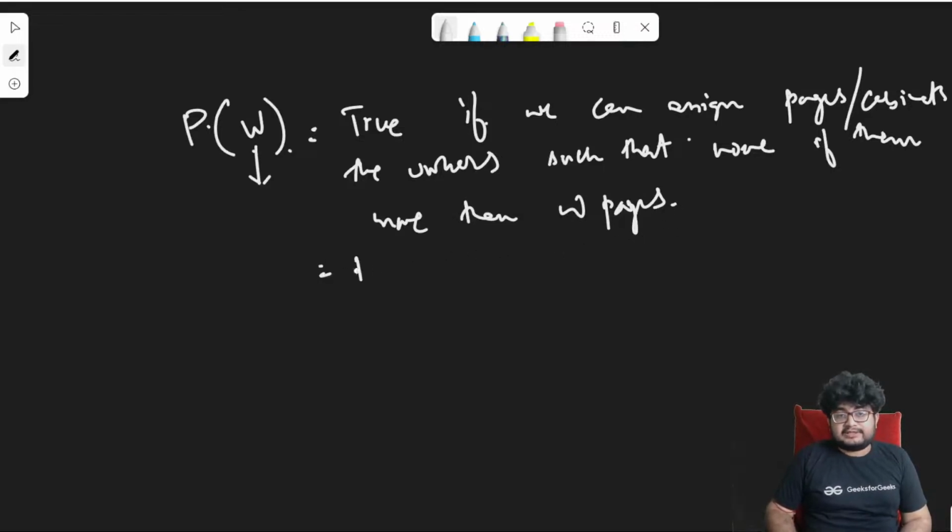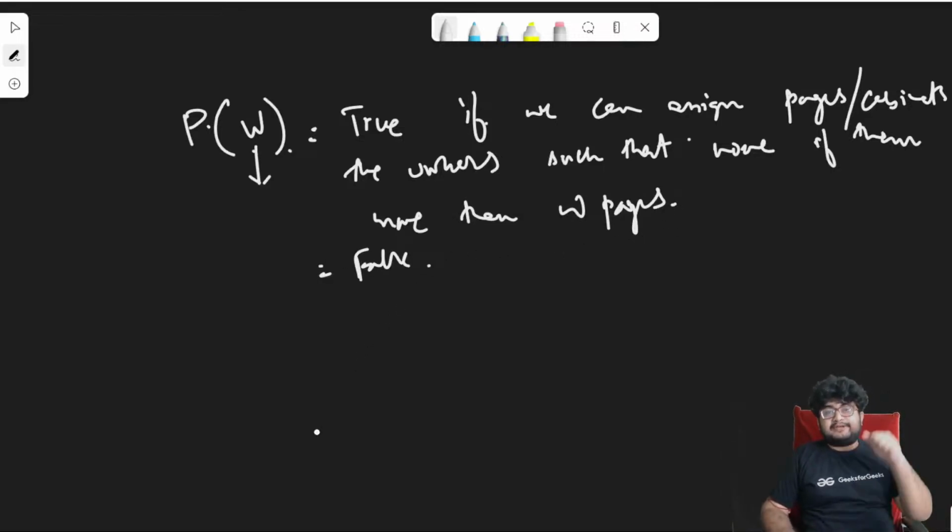Otherwise it will return false. So P of W will return true if we can find a way to assign consecutive cabinets to workers such that no worker sees more than W pages. In that case, it will return true. Otherwise, it will return false.